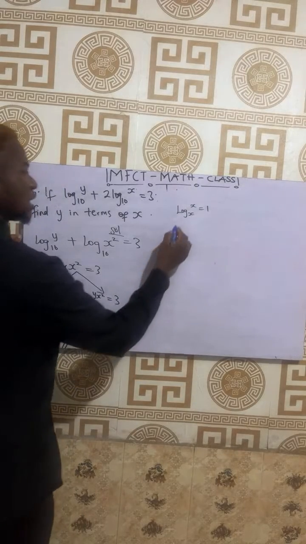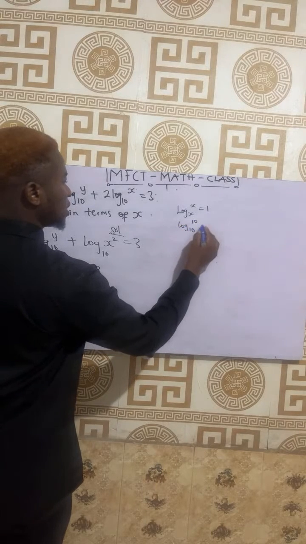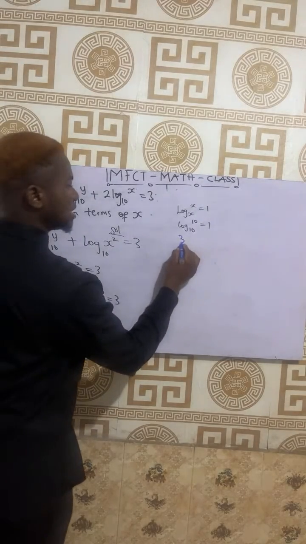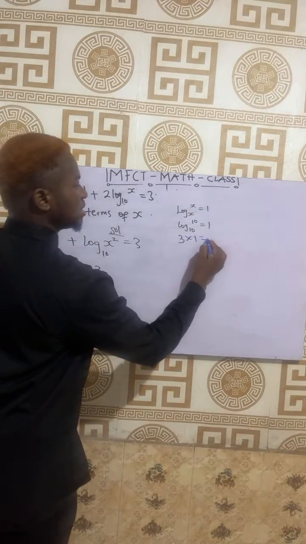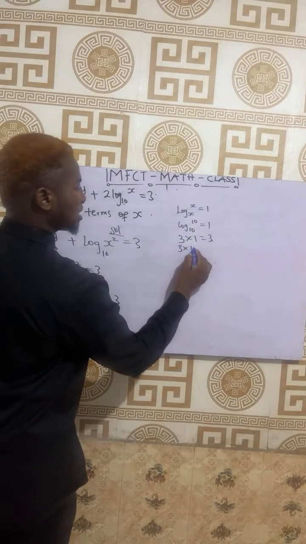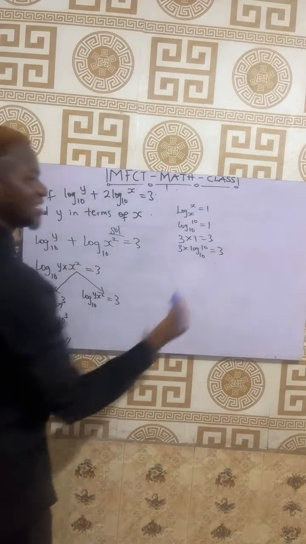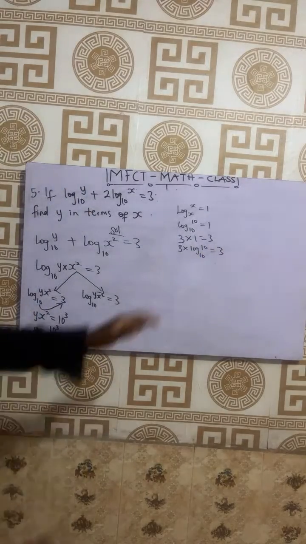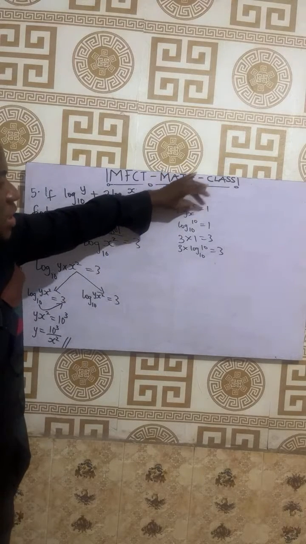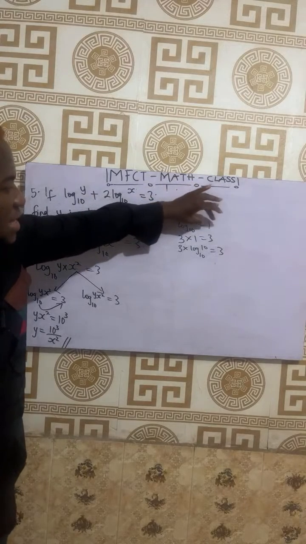So if I have something like log 10 base 10, it equals 1. If I have 3 times 1, it is still 3. So if I have 3 times log 10 base 10, it is still 3. There is a logarithm rule that says log of a number to the same base equals 1. So log 10 base 10 is 1.